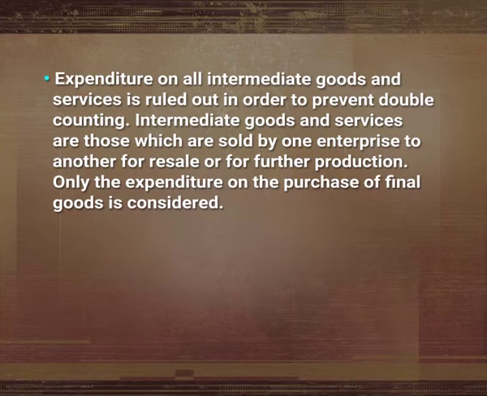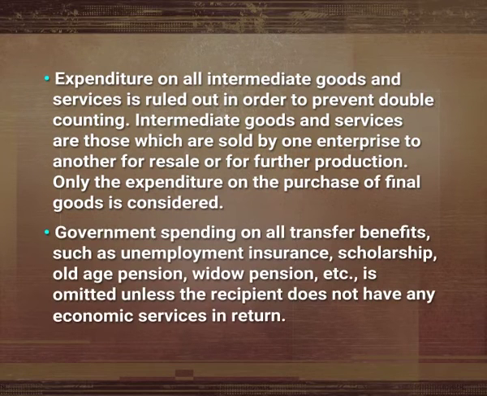Only the expenditure on the purchase of final goods is considered. Government spending on all transfer payments such as unemployment insurance, scholarship, old age pension, widow pension, etc., is omitted unless the recipient renders some economic services in return.